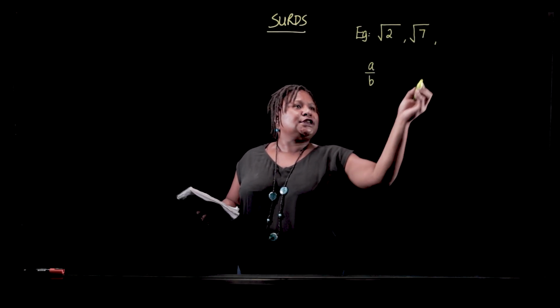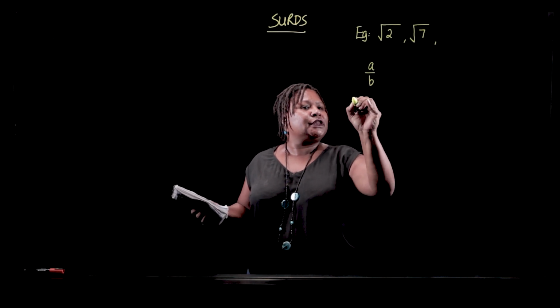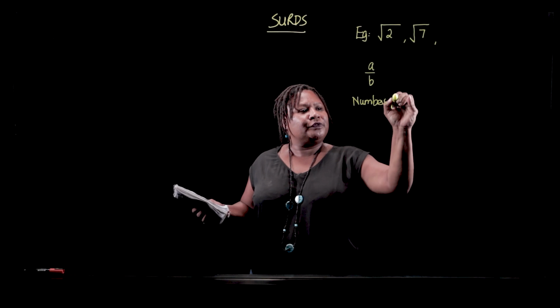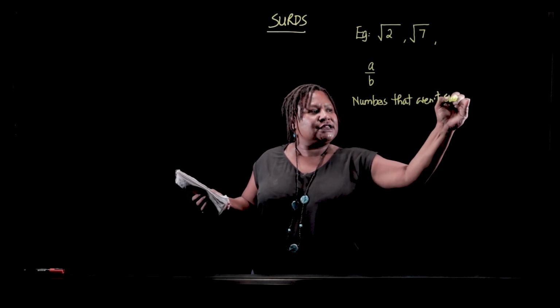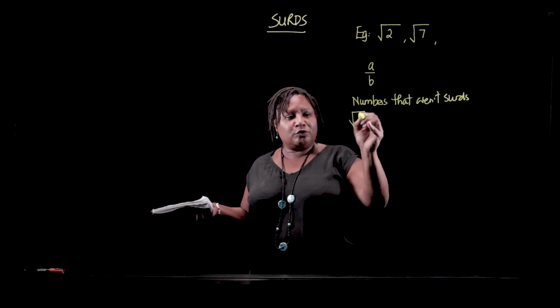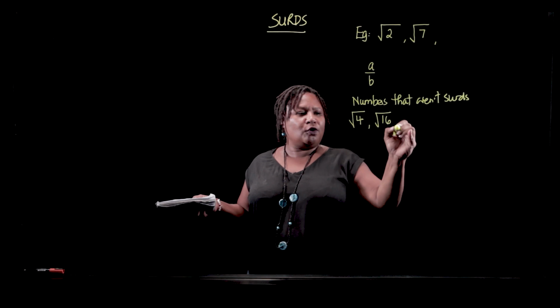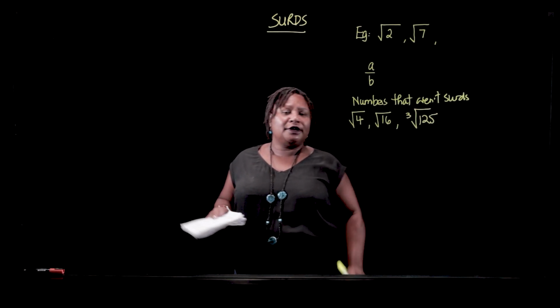Now, numbers that are not surds, numbers that aren't, all right? That aren't surds are numbers such as √4, √16, or another one, cube root of 125.